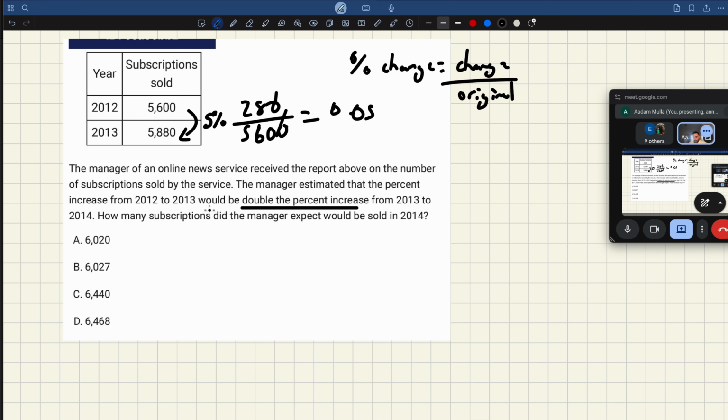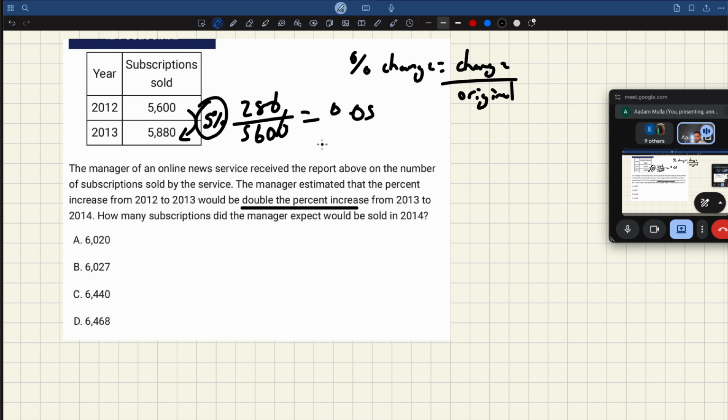So the tricky bit here is it says from 2012 to 2013 is double the percentage increase from 2013 to 2014. Because this is double, we have to halve this. A lot of people would double the 5% and increase it by 10%.